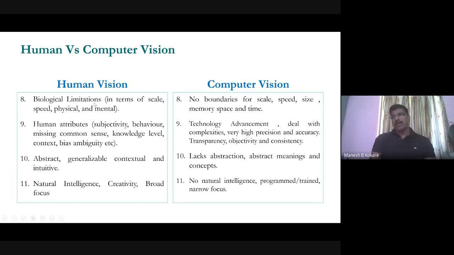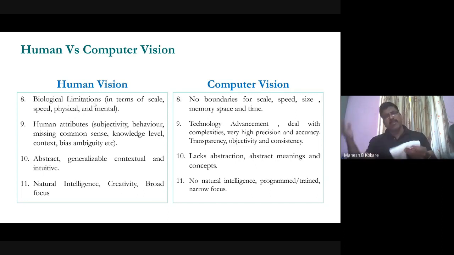For example, if you use the human vision system for recognizing rocks in the oil industries, how many rock images can we examine in one day? Hardly 200, 300, 400.